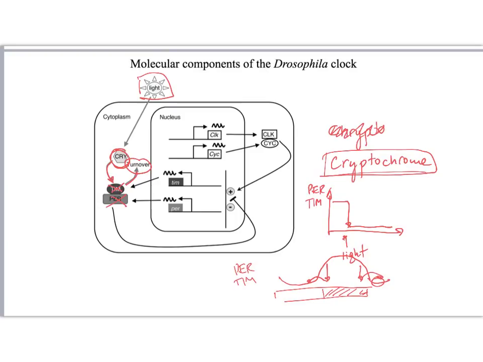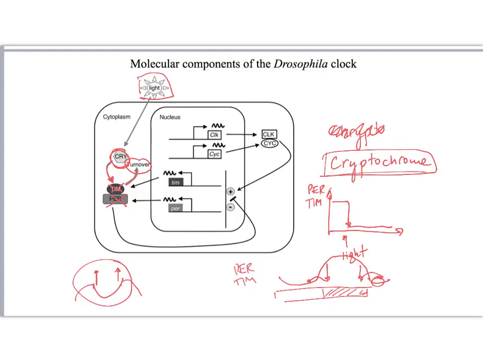So this is quite different to what we saw for period in mammals, where we said that period was low during the night and would be brought up with light. So in mammals, you're bringing up a messenger RNA, period, that is low during the night.